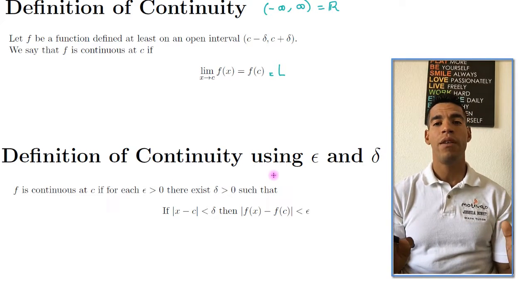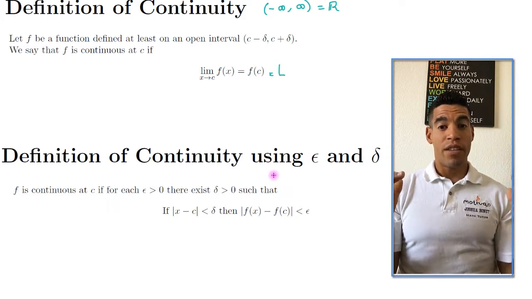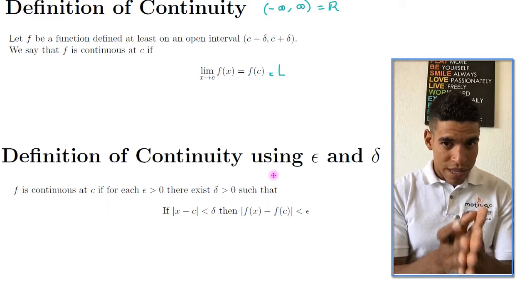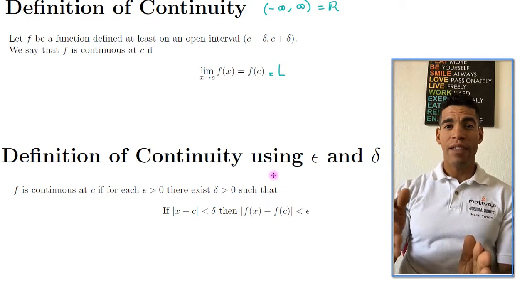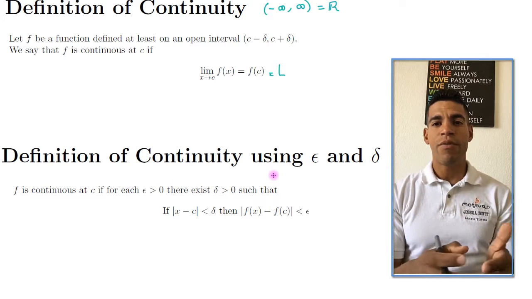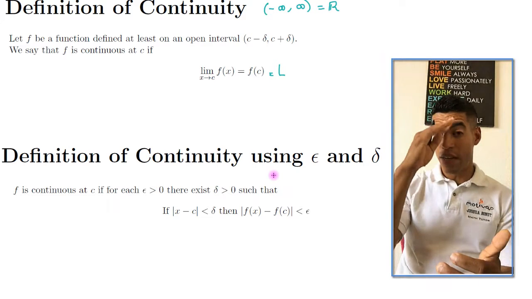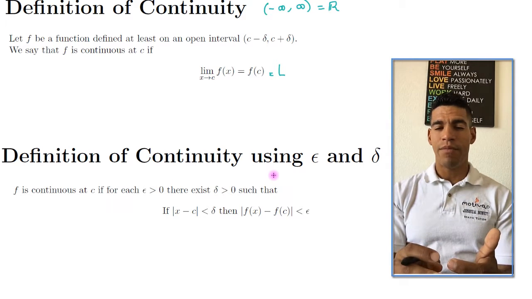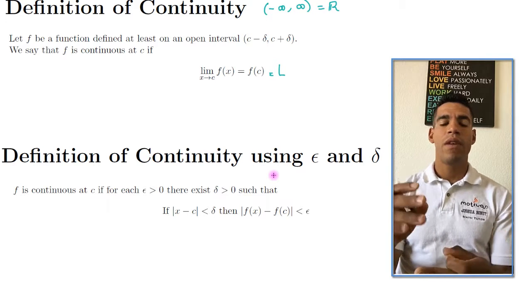And continuity is huge, because everything after this day in math is based on continuous functions. Why? Because continuous functions are the most common ones, right? Sine, cosine, exponential, logarithms.